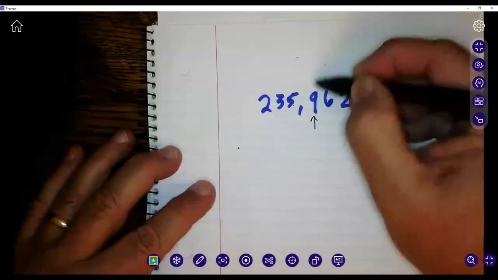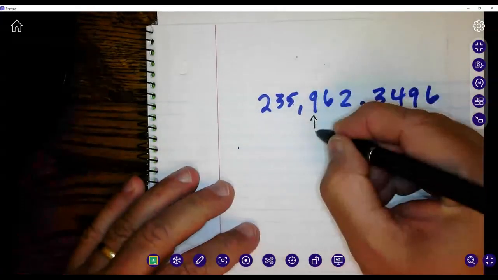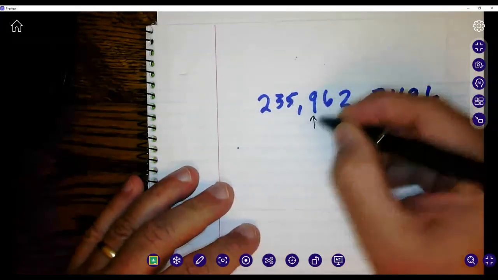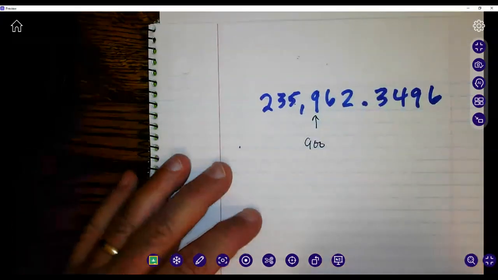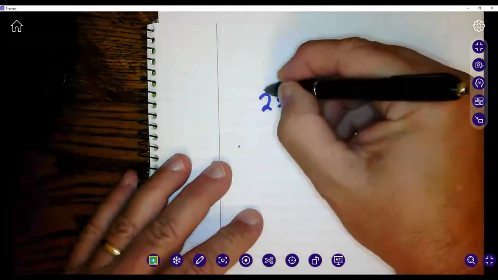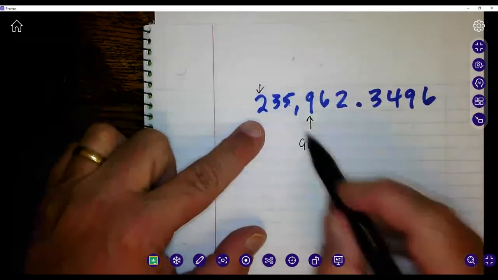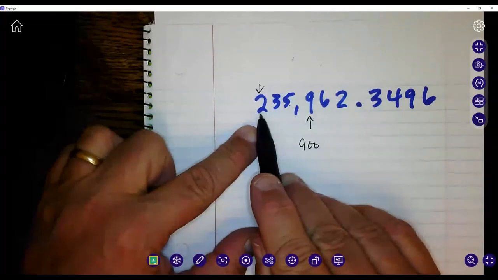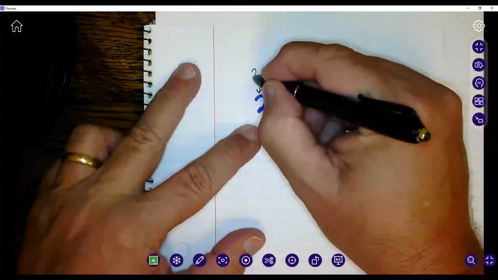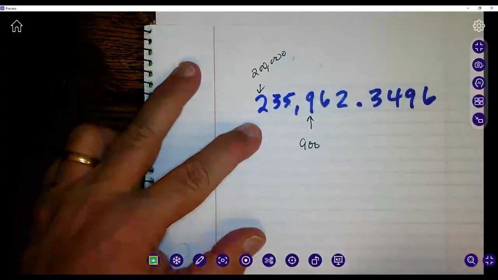That 9 is in the hundreds place, so the value of that digit in this number is 900. If they want to know the value of this 2, that 2 is in the hundred thousands place, so it is 200,000.